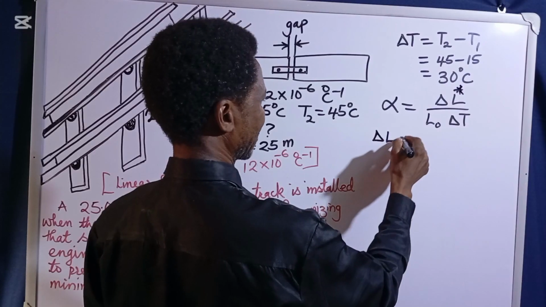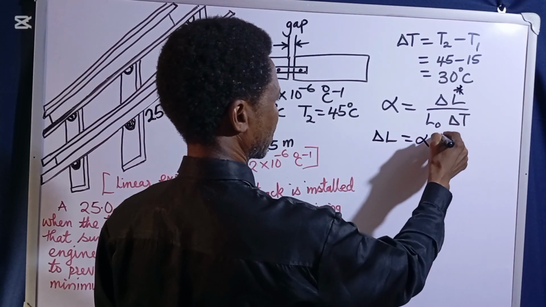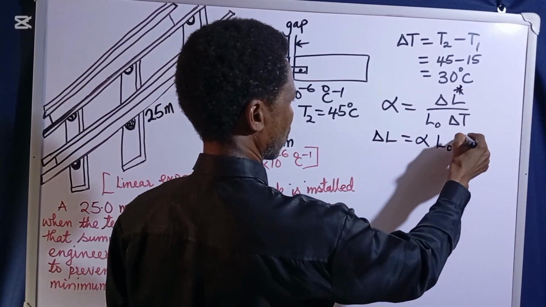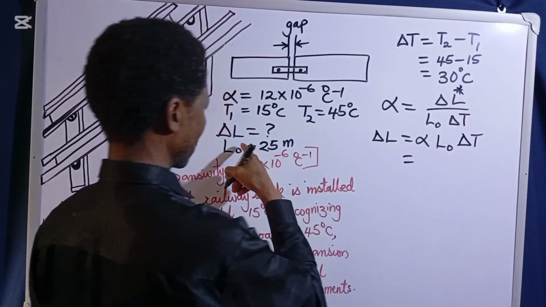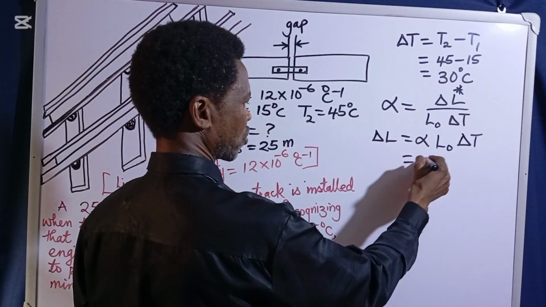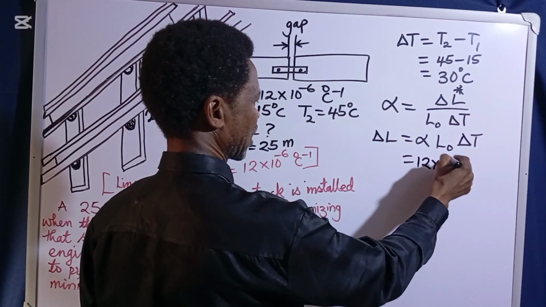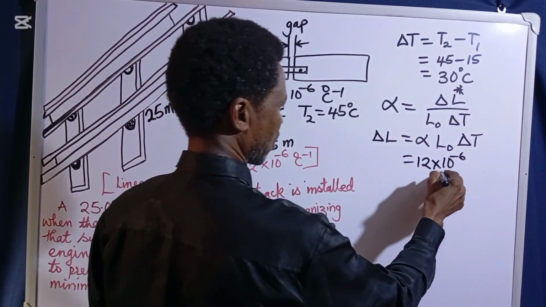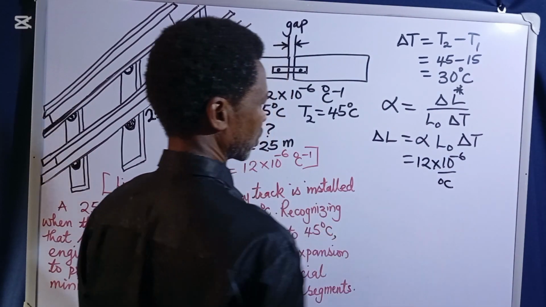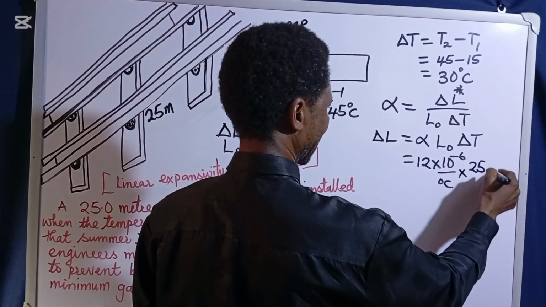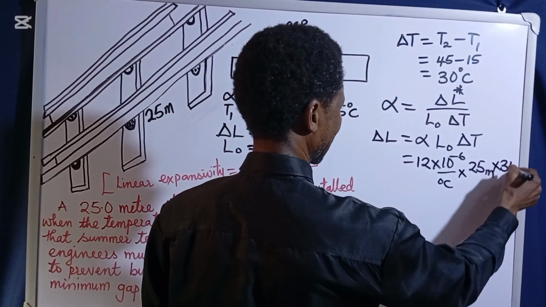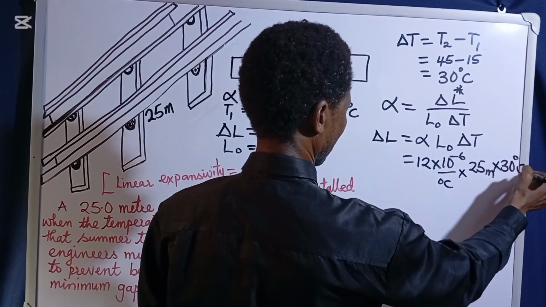So delta L is equal to linear expansivity multiplied by L naught multiplied by delta T. So to do that, we substitute, we have 12 times 10 raised to negative 6 per degree Celsius, then multiply by 25 meter, then times 30 degree Celsius.